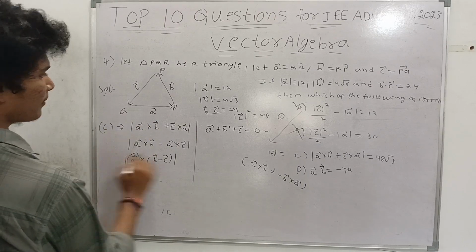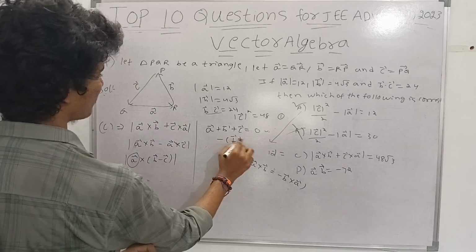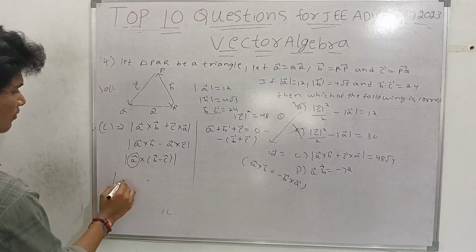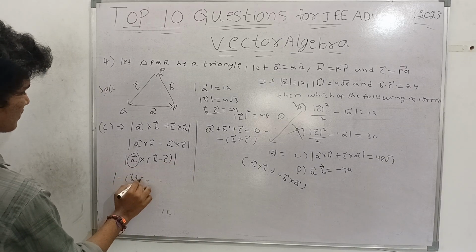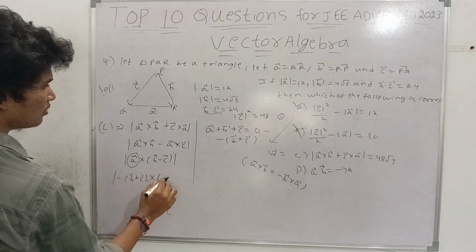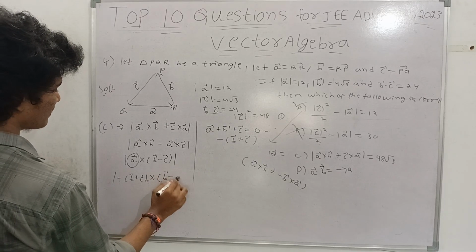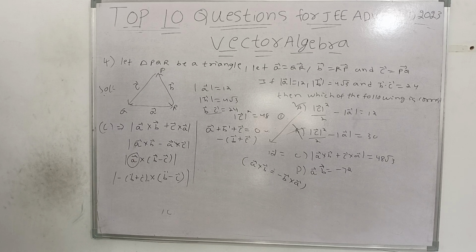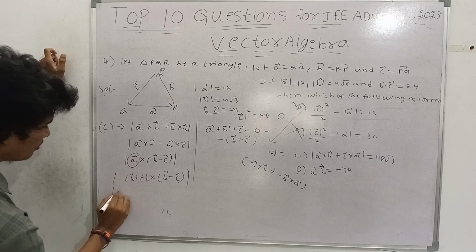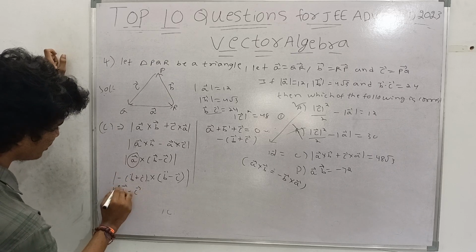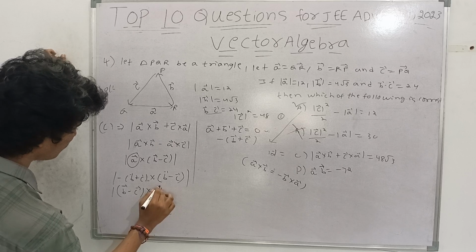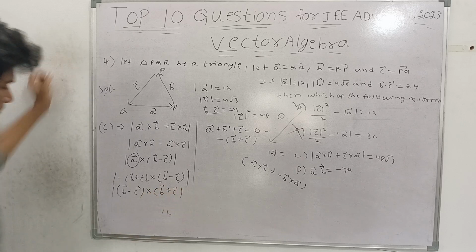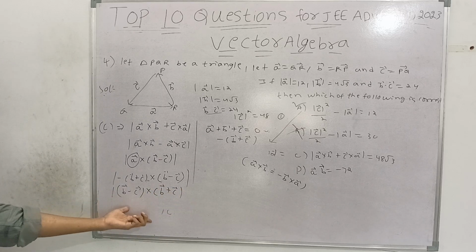And what is A bar here? Minus of (B bar plus C bar). Simply use this: minus of (B bar plus C bar) cross (B bar minus C bar). Next, this is minus. What did I say? (B bar minus C bar) we can shift, cross (B bar plus C bar). Like this we can do. And now we have to solve this.